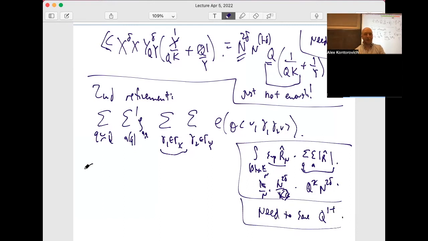Okay, Cauchy-Schwarz. So I have a sum on gamma 1. I'll just write this as X to the delta.